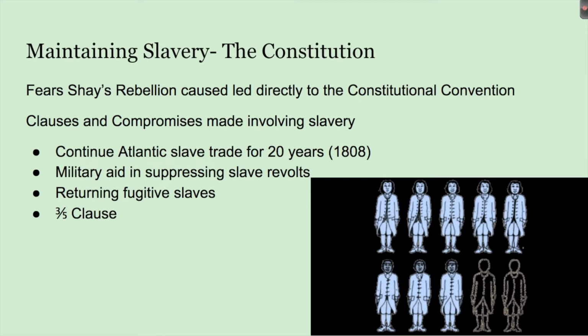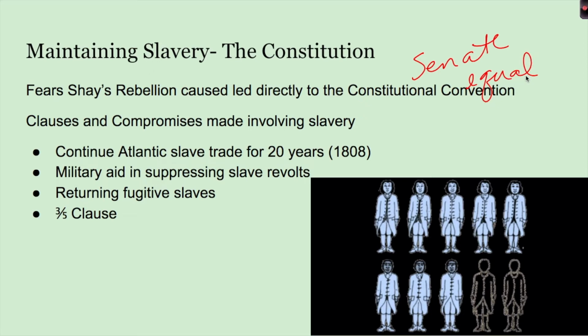And then probably the most famous part of the Constitution that has to do with slavery is the Three-Fifths Compromise. One of the problems that came up during the Constitutional Convention is how we get representation from each state. We're going to have two houses in Congress. In the Senate, representation is going to be equal, so no matter what state you're from, you have the same number of senators.